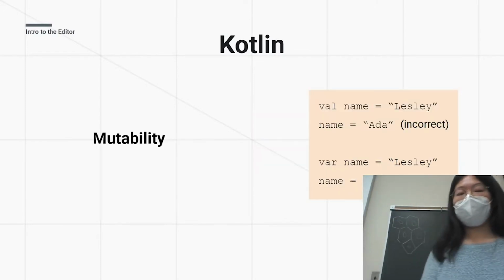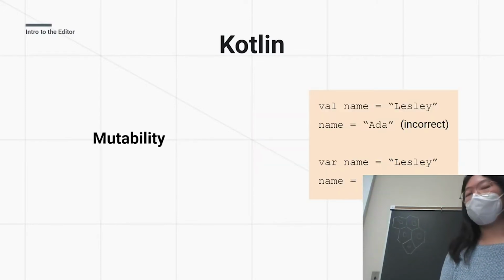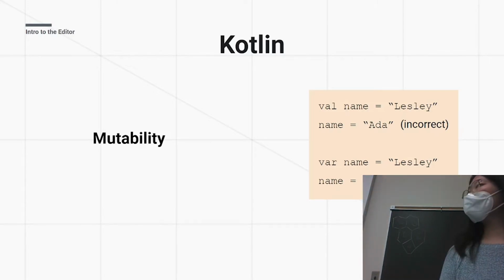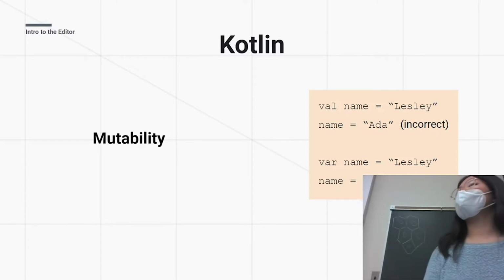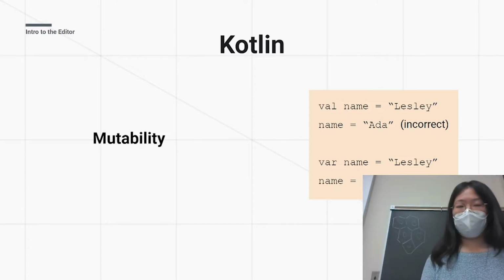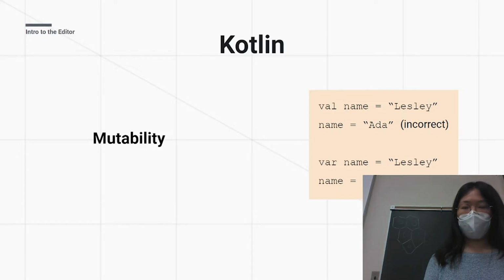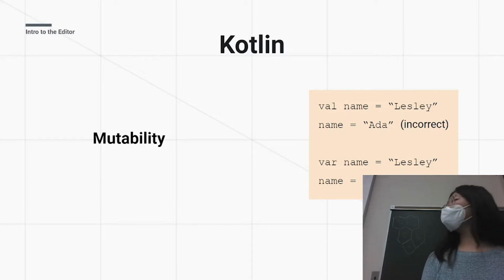Another important aspect of Kotlin is that it's big on mutability. If you see on the right here, you have 2 ways to declare a variable. You have a val, and then you have your var, which stands for variable. Val means that it can't be modified after you set it because it's a value, so it stays constant throughout the entire block of your code.